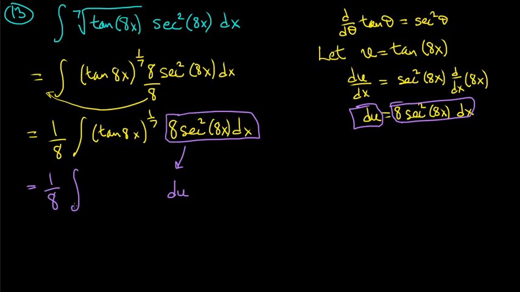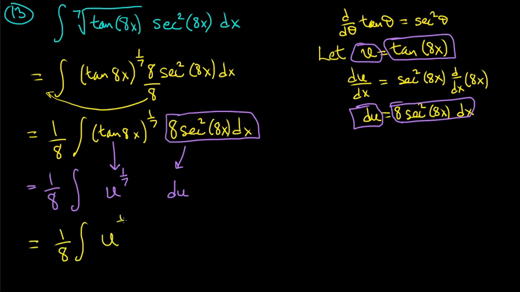And we still have to multiply by the integral of tangent of 8x to the 1/7. But remember, tangent of 8x is the same as u, so this just becomes u to the power 1/7. Now everything is in terms of u. We have 1 over 8 times the integral of u to the power 1/7 du.